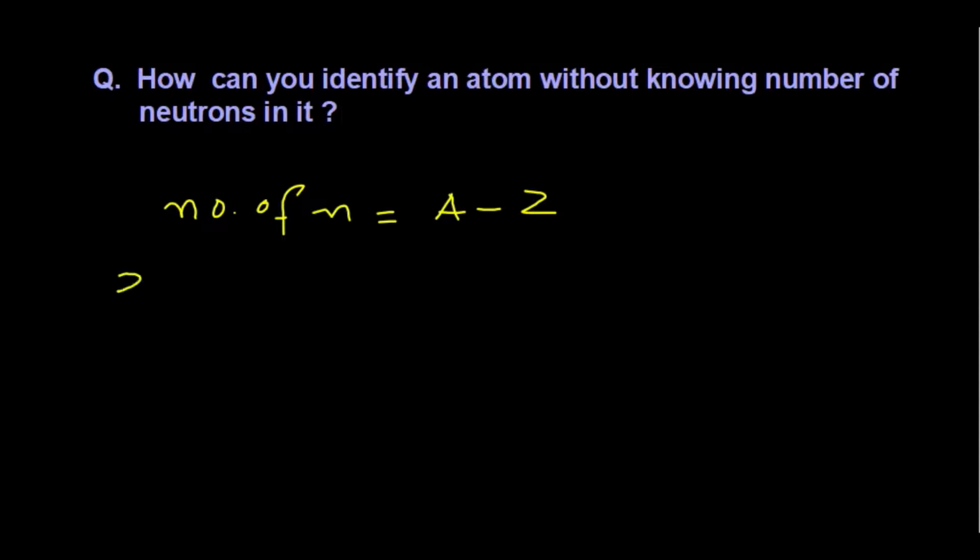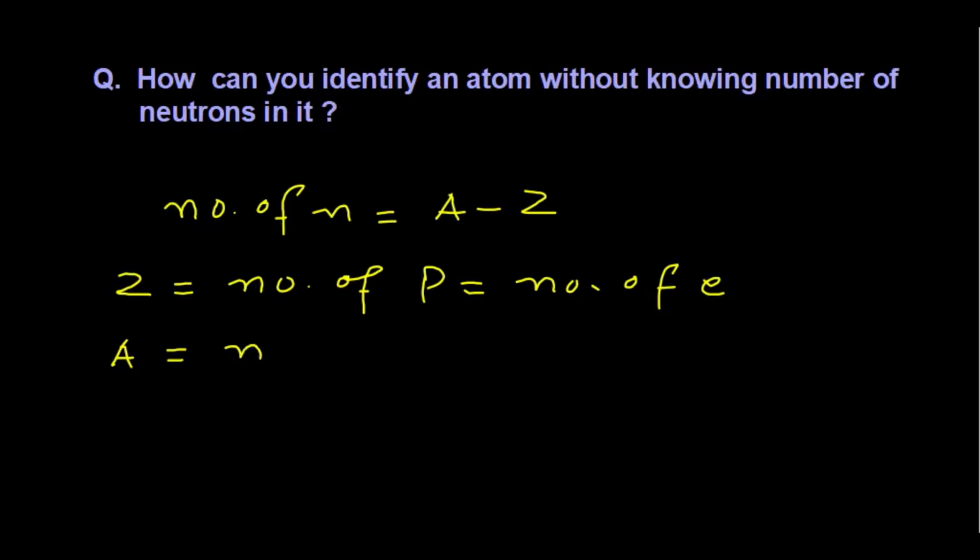Atomic number, that is Z, means number of protons, which must be equal to number of electrons in an atom, because atom is a neutral particle. So number of protons equal to number of electrons. Similarly, A means mass number, that is the sum of protons and neutrons which are present in the nucleus of an atom is known as mass number.